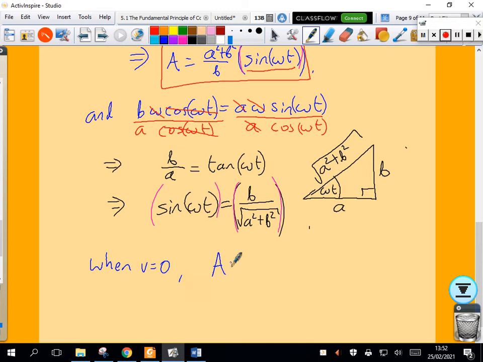And the amplitude, we said, can be written as a squared plus b squared over b times sine of omega t. And we've just found that sine of omega t can be written as b over the square root of a squared plus b squared.